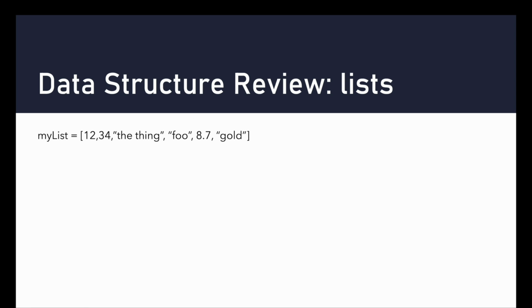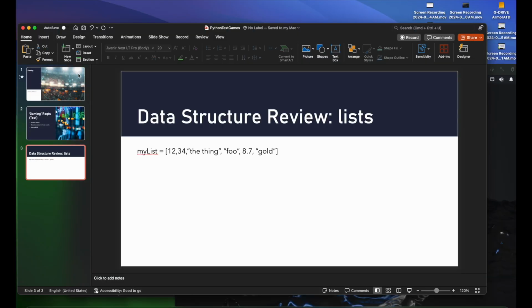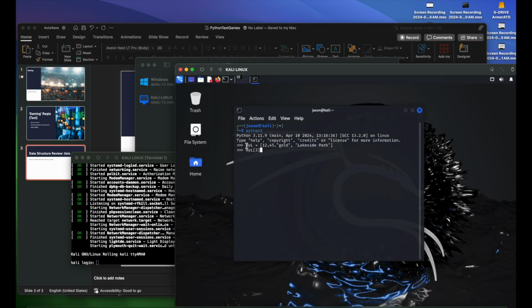However, we recall a list, each item in the list resolves to an offset. You recall that. So going back to this list, if we go to Linux right here, my_list equals 1245, Gold, Lakeside Park. Lakeside Park is actually the name of a famous Rush song, and there's probably so many parks in the United States and Canada called Lakeside Park.